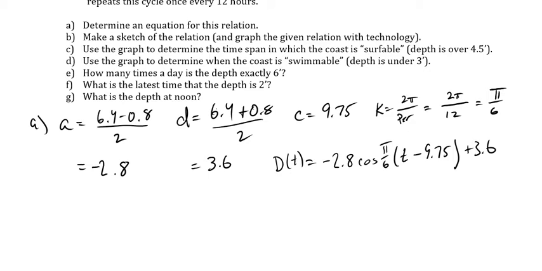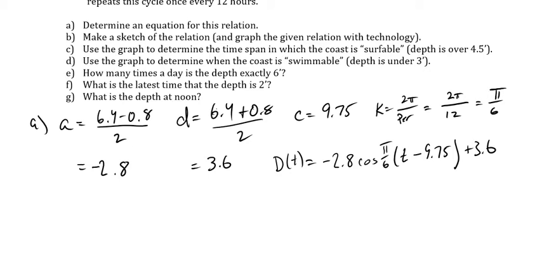If you use y and x, that's fine. If you use f at x or whatever, that's fine. But usually we do try to use variables that make sense, right? So d at t equals my a value times, which again, remember is reflected, times the cosine of k t minus c plus d.